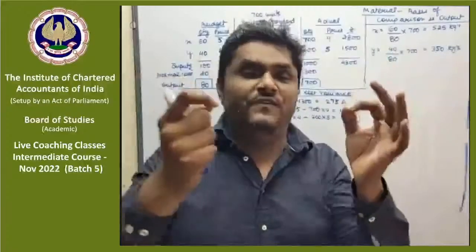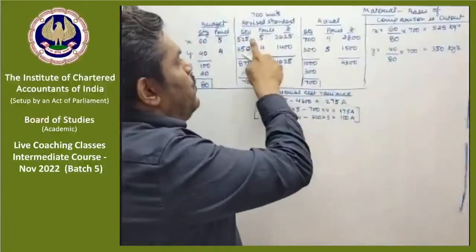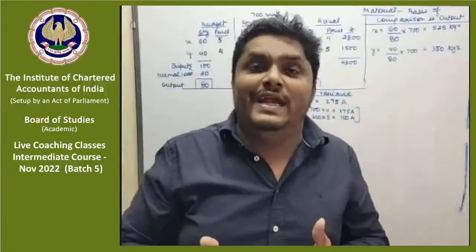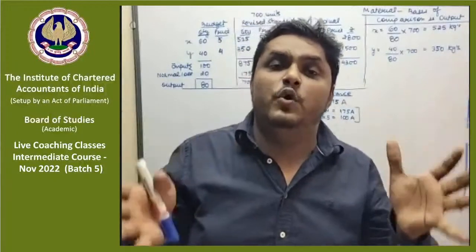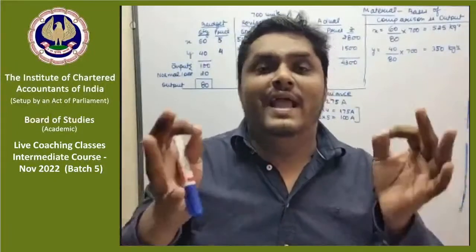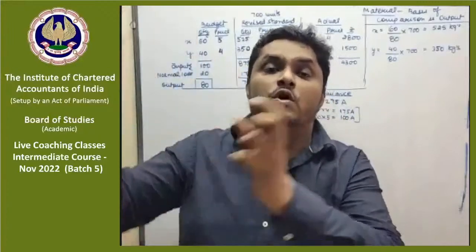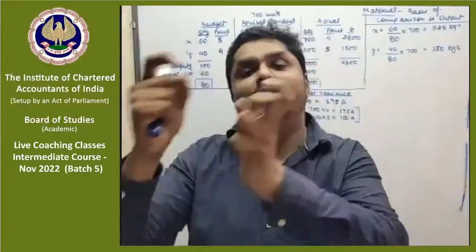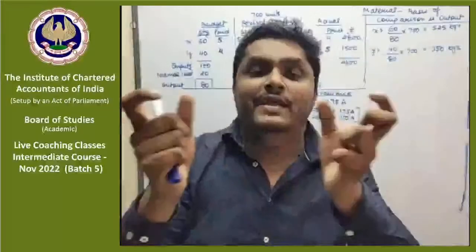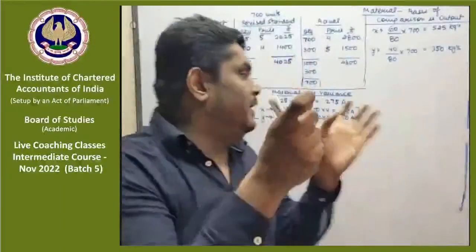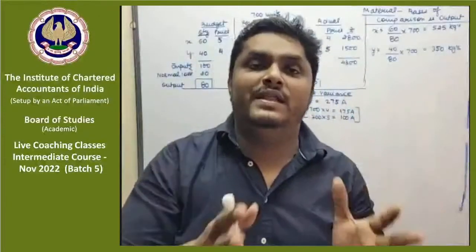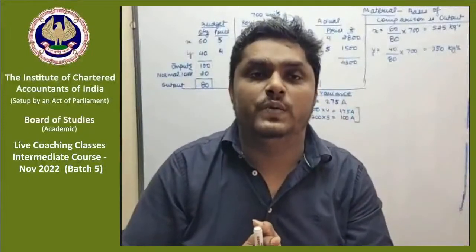So the first difference is the difference in the quantity consumed, and the second difference is that we were supposed to purchase material X at the rate 5, but we purchased this X at the rate 4. So there is a difference in quantity consumed as well as the rate. These two factors are contributing to the total cost of the material. That is what we call material cost variances.